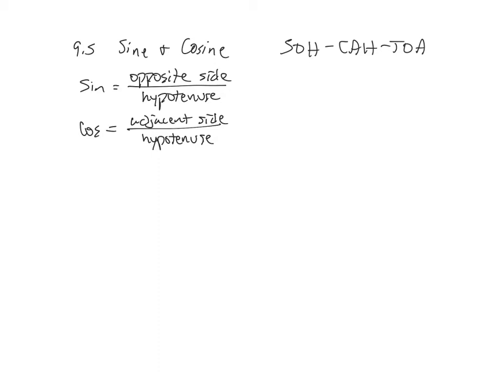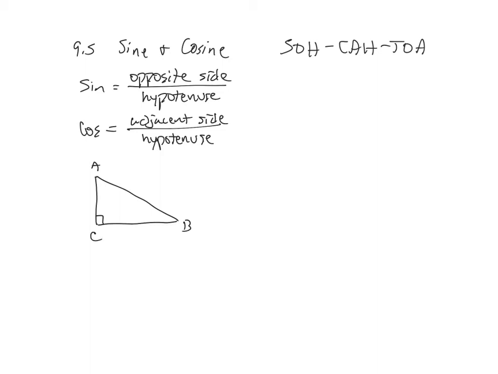So it's a way to remember the ratios for each of the trigonometric functions. They're done the exact same way. There's really no difference to tangent, sine, or cosine. It's just a matter of pressing a different button.